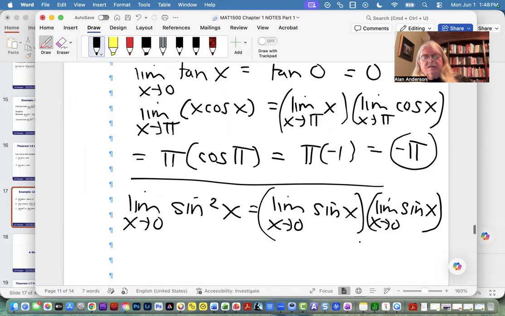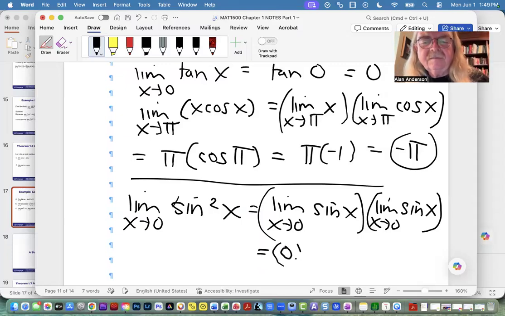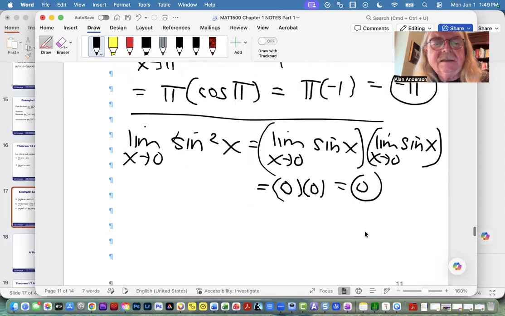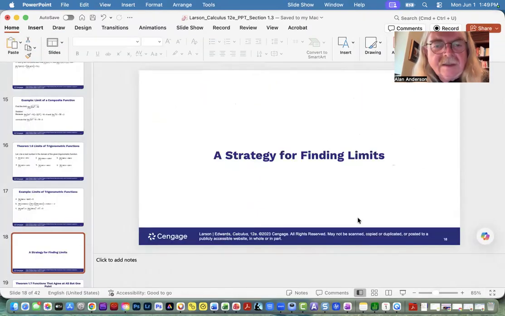And the sine of 0 is zero. Well, that makes things easier. All right, great. Okay, so where are we?